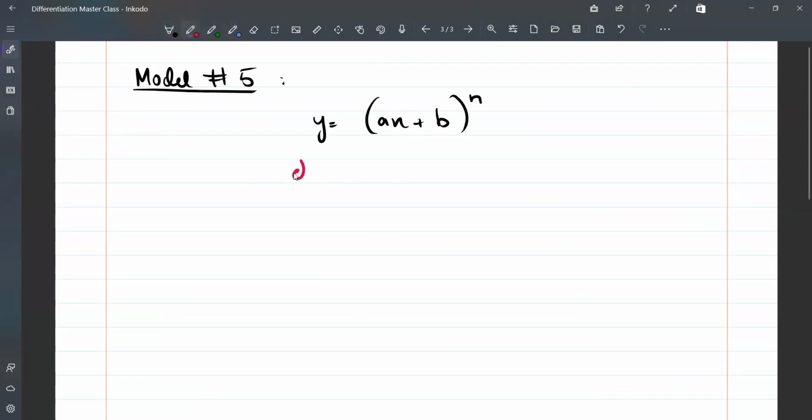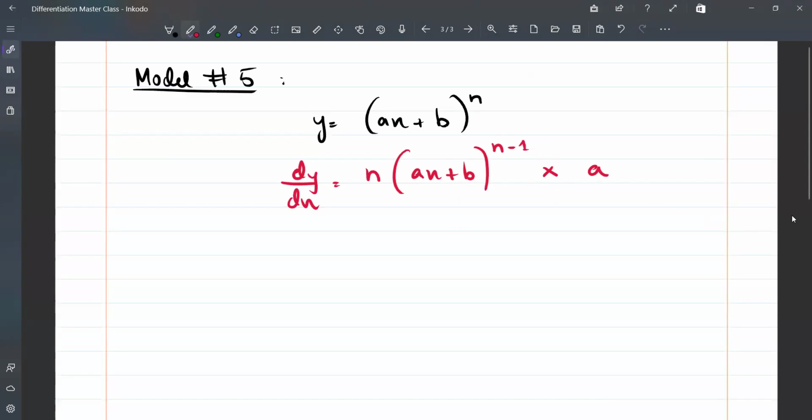So the differential would be dy over dx, n would come down, (ax plus b) power n minus 1. Now the only difference is that this is multiplied with the differential of the bracket, which is a, right? Differential of the bracket is a.